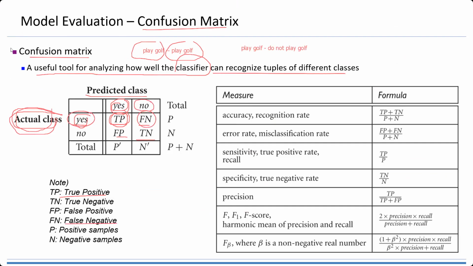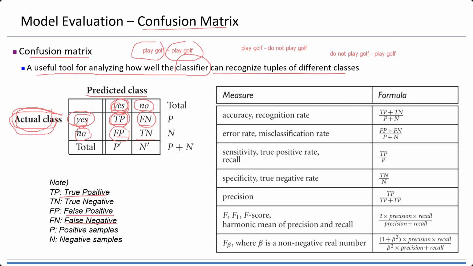Let's say the person does not play golf, but the AI says the person plays golf, then we call this false positive. FP, false positive. The actual is no, but the prediction is yes.